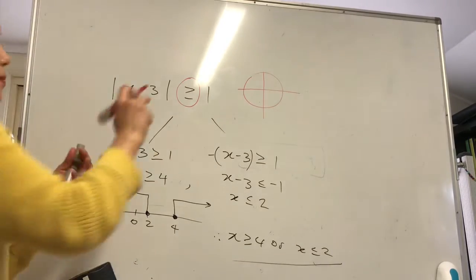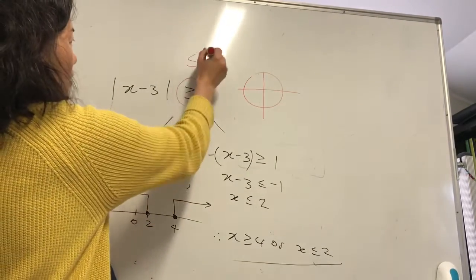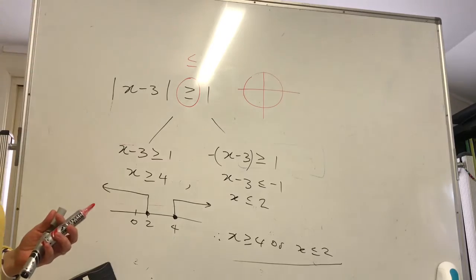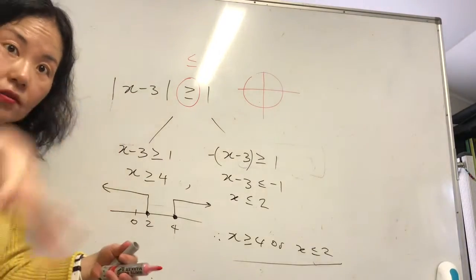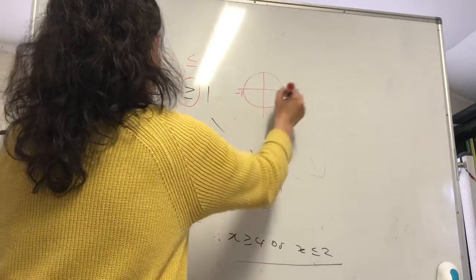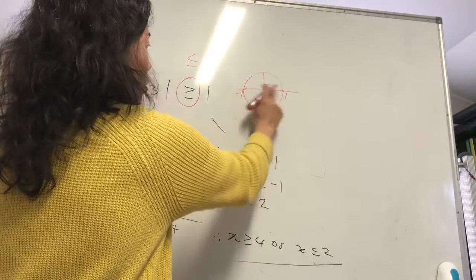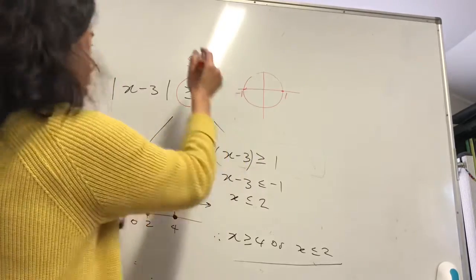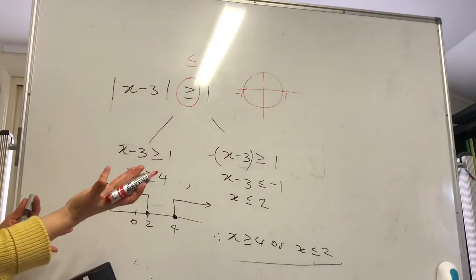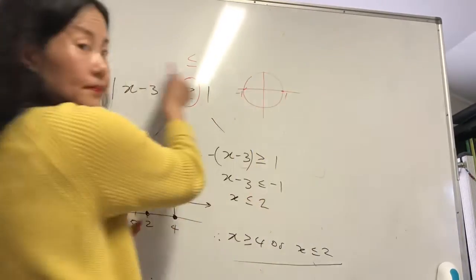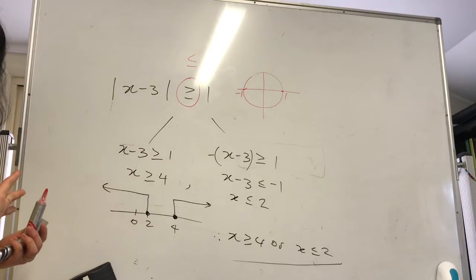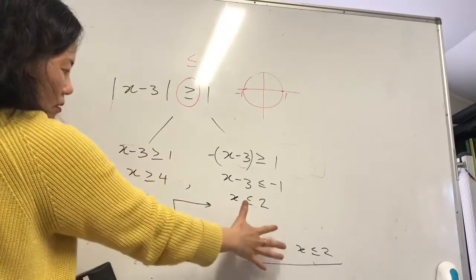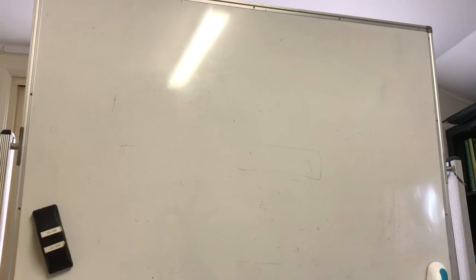If it's less than 1, that means it's less than the radius, so it's inside the circle, in between, all the X is in between here. But if it was bigger than 1, that means it's all out here, isn't it? So it's a similar concept, but you have to work out the X values. Next question.